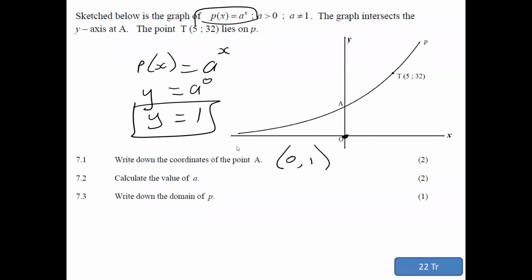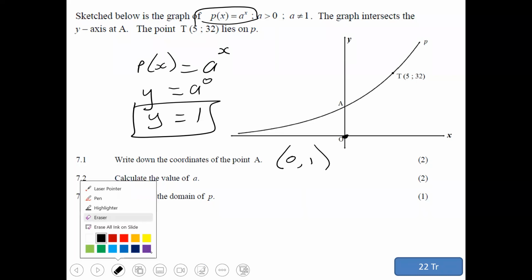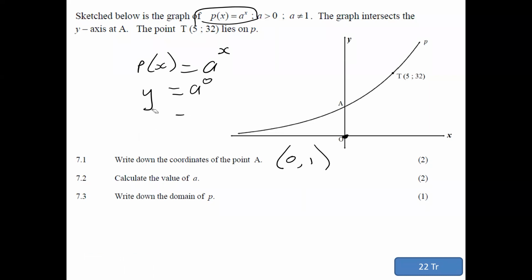Okay, anyone got an answer for me? 2, sir. Somebody said 2. Can we have an agreement for 2? Yes, sir. There's an agreement for 2.